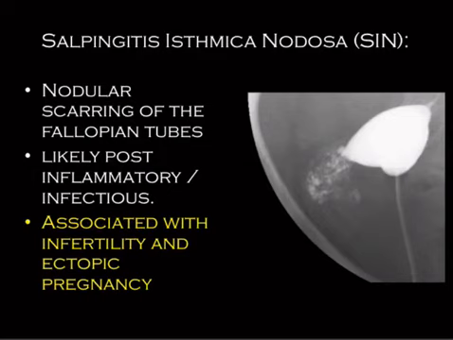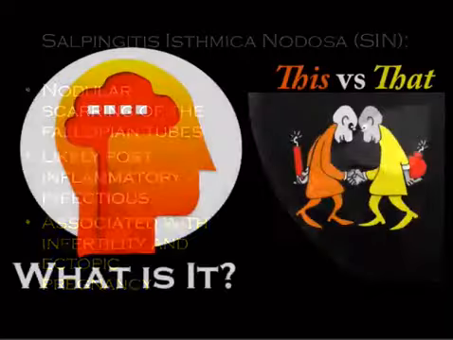And it produces this really classic appearance of a bunch of balls and sort of tree-and-bud looking, but nothing else looks like that. And yes, it's bilateral in many cases. This side it was unilateral. And it's associated with infertility, which shouldn't surprise you. You would think that tube wouldn't work right.